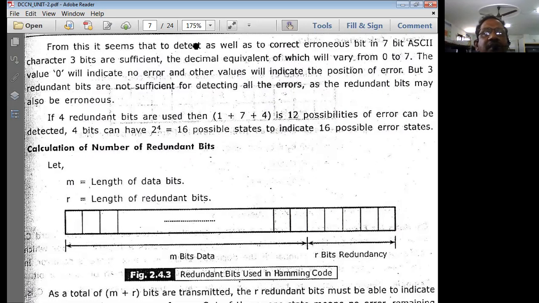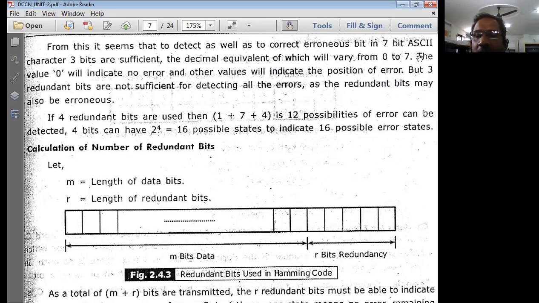From this, it seems that to detect as well as to correct an erroneous bit in 7-bit ASCII characters, 3 bits are sufficient in general. The transmitted data frame is going to have 7 bits, so there may be an error in any one of the 7 bits. So 7 error possibilities plus 1 possibility of no error.